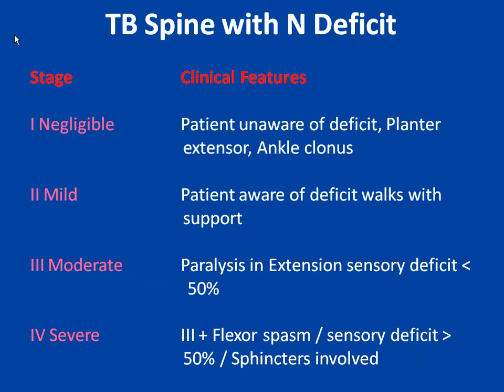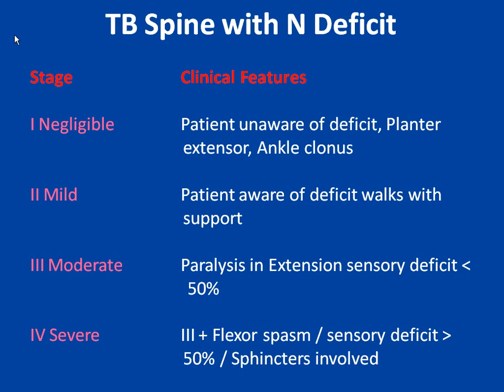So for tuberculosis of the spine with neural deficit, we try to put the patients in 4 categories, that is, 4 stages. In stage 1, the clinical features are more or less negligible and the patient is unaware of his deficit, but when he comes to the clinic, we find definite upper motor neuron signs.